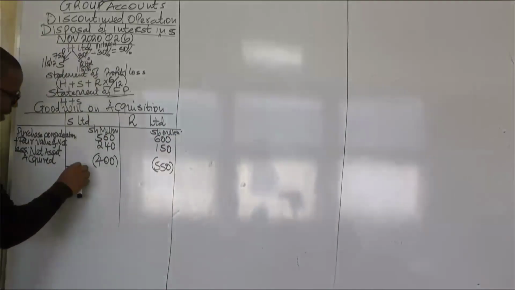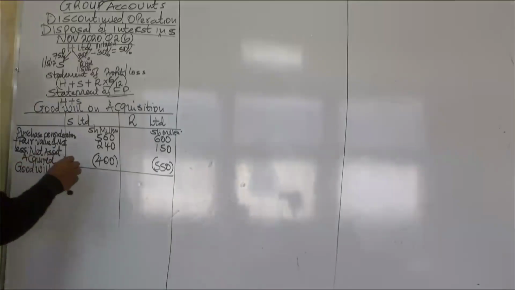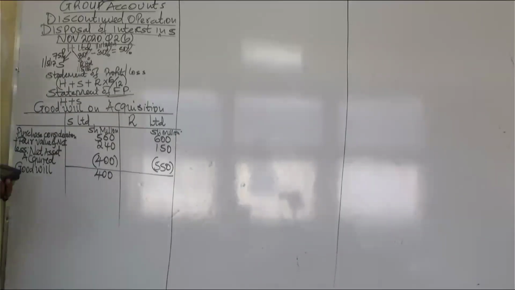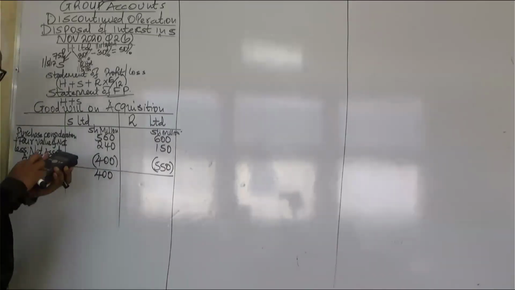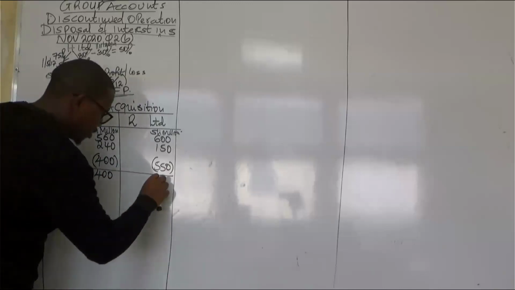And therefore, we can now get the goodwill. What will be the goodwill? The goodwill here will be given by 560 plus 240 minus 400, which is 400. For the 600, I add 150, minus 550. This will be 200.